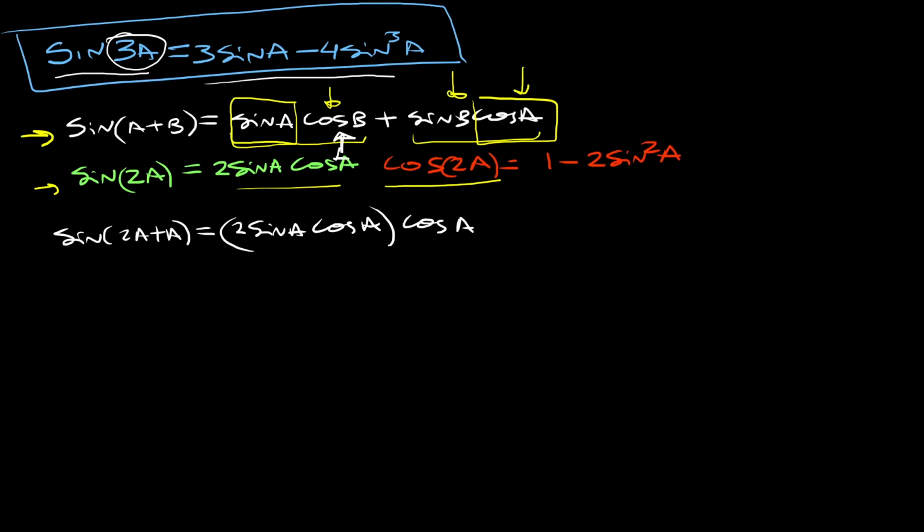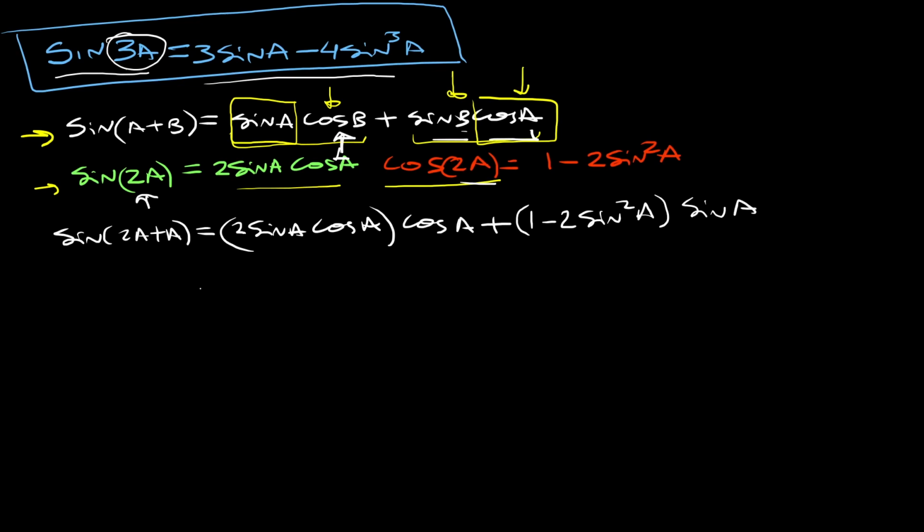And the second term, so it's plus, this is sine a, and this is cosine of 2a. And because the first term is 2a, we're going to use the one that we found for cosine. So it's 1 minus 2 sine squared of a. So this is cosine of 2a times the other one, sine. But instead of b, because all this is in terms of a, it's sine a.